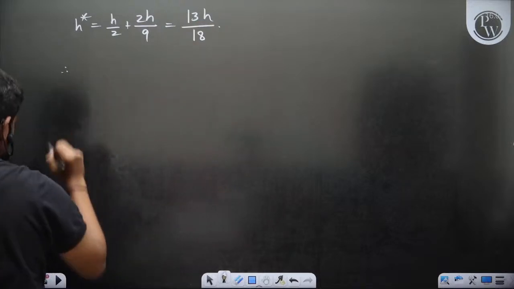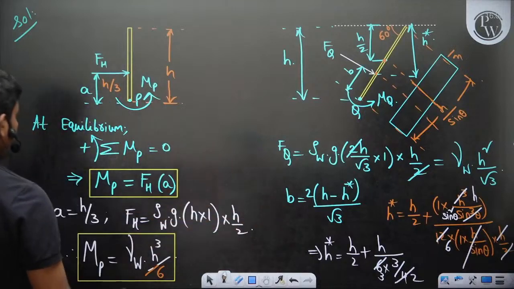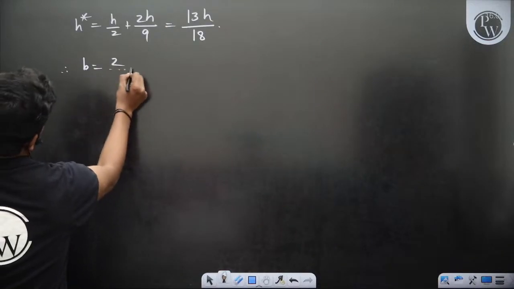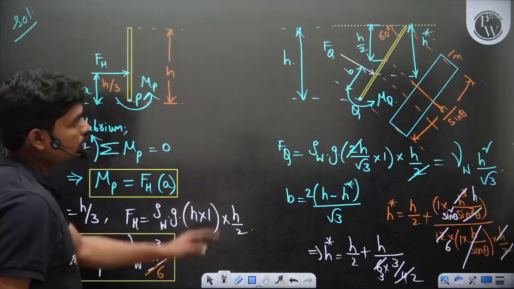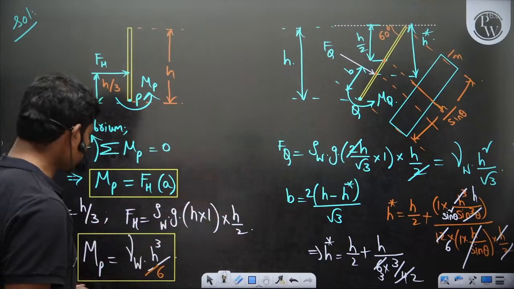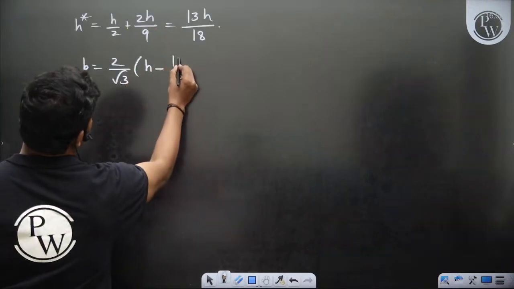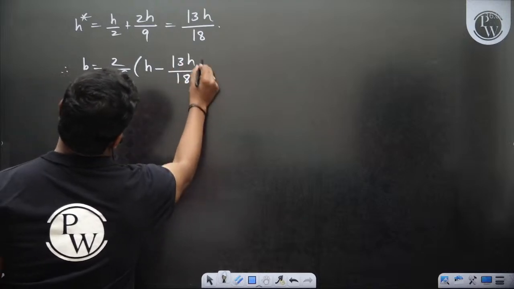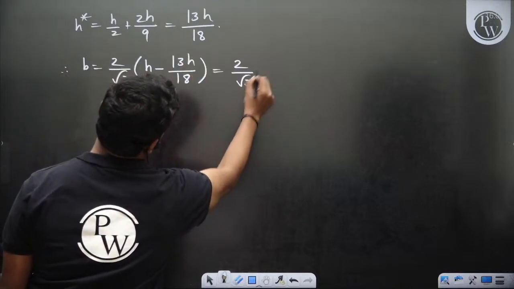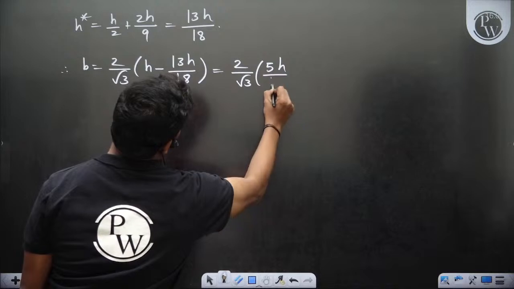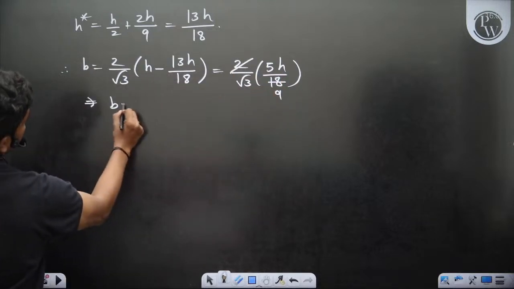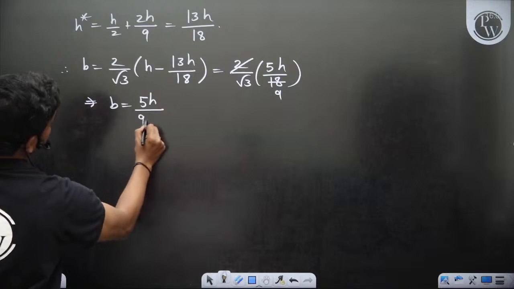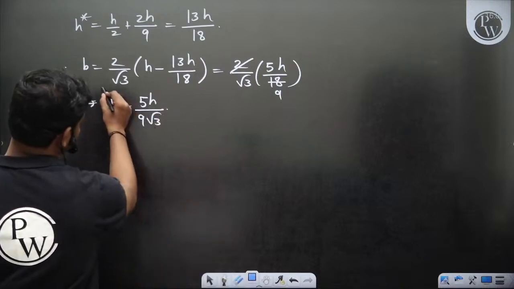So therefore this value b is 2 by root 3 into h minus h star, correct? So h minus h star value is this, 13h by 18, so it is 5h upon 18. So 2 by root 3 into 5h upon 18. So this is 9. So b value is 5h by 9 square root of 3.